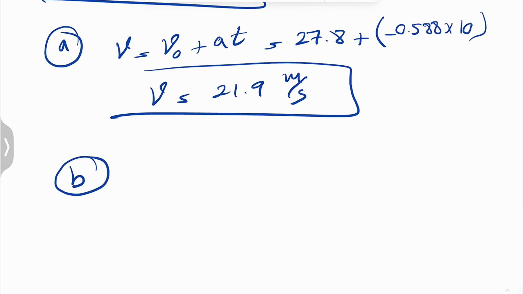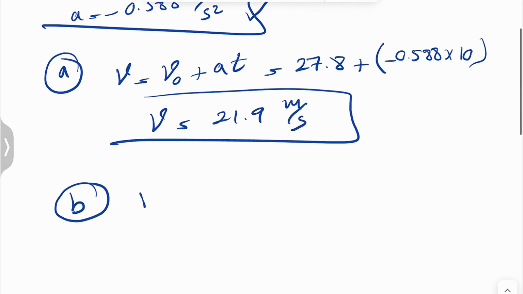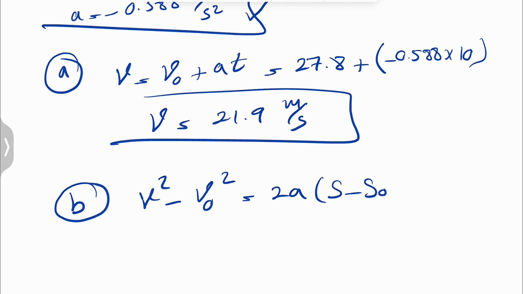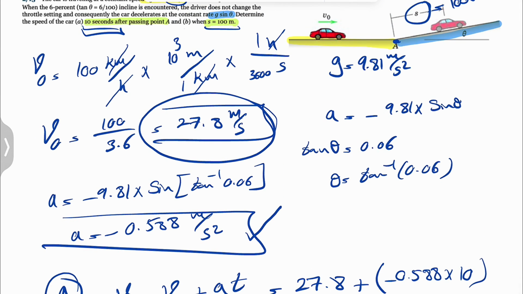For part B, the question is asking for the distance s, which we know is 100 meters. So we have to find the velocity after that. For that, we're going to use our formula v squared minus v0 squared is equal to 2a times s minus s0. s0 is 0; we're just going to consider our starting point here.